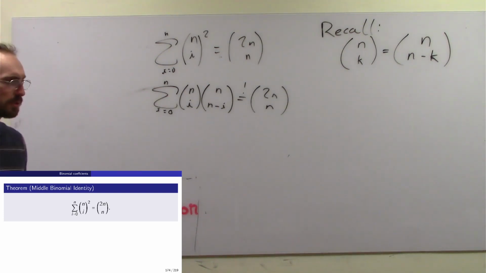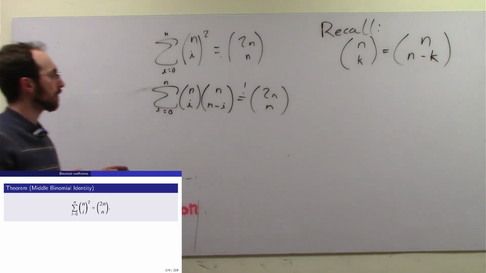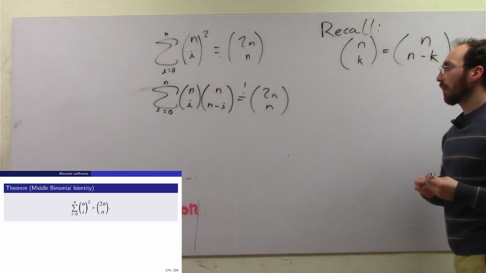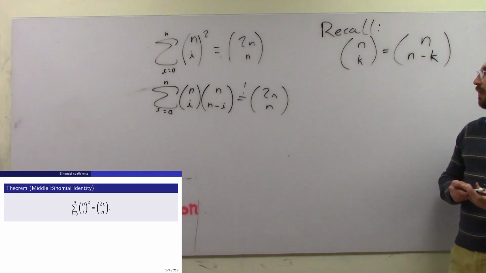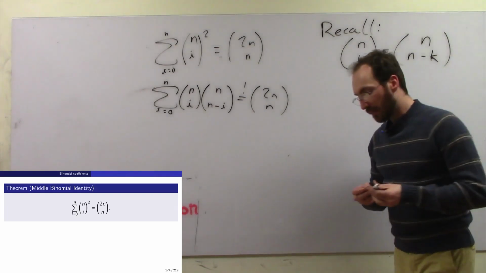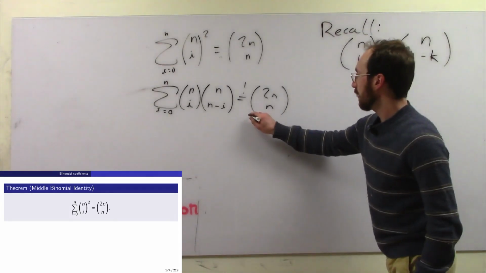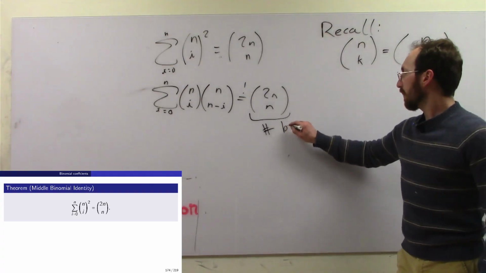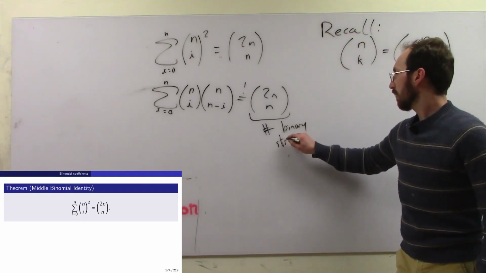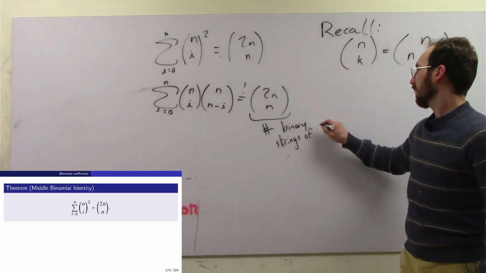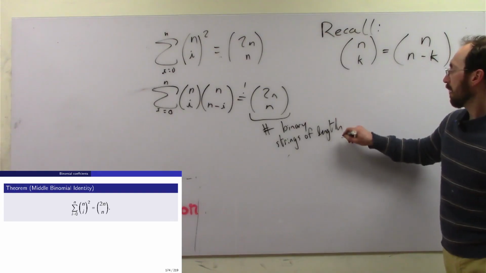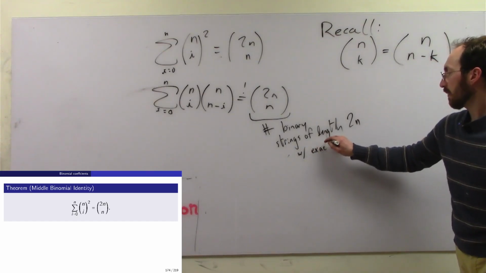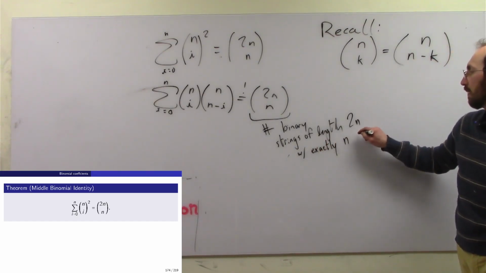Okay, so I said we're going to do a double count. How is that going to work? Okay, so what we're going to do is, let's do binary strings. Why not? I like the flavor of it. So this right-hand side is going to count the number of binary strings of length 2n with exactly n ones.